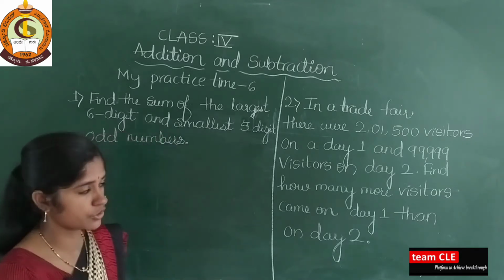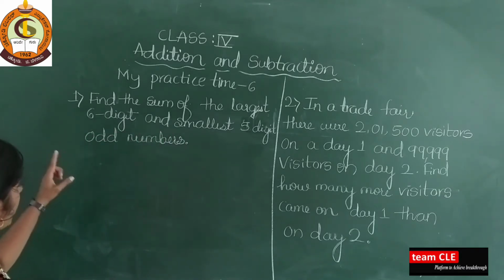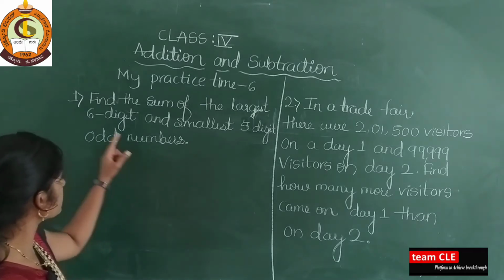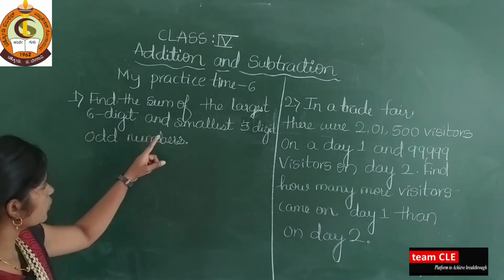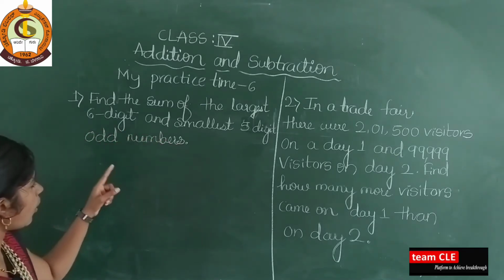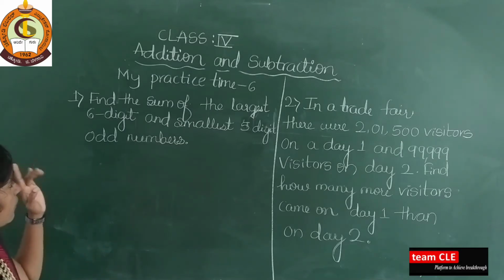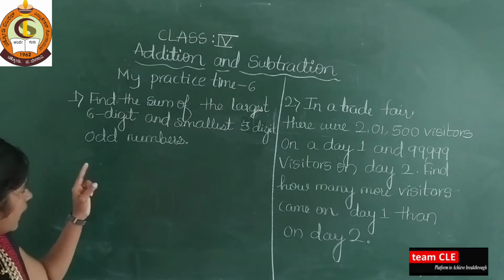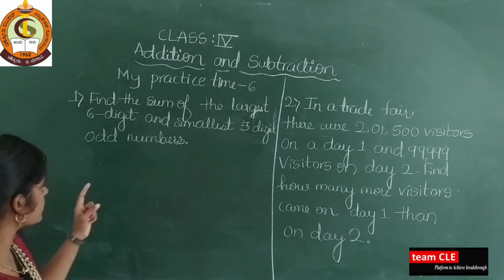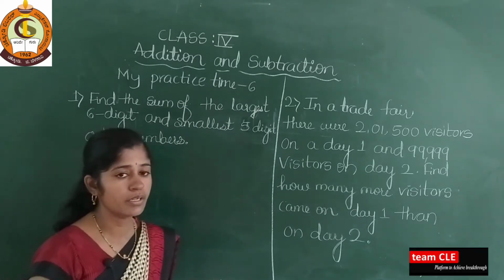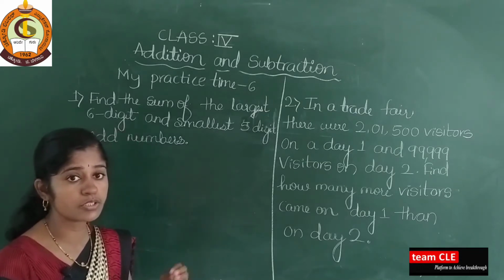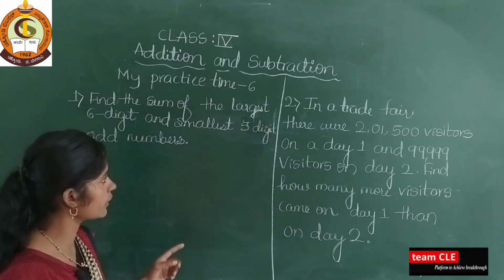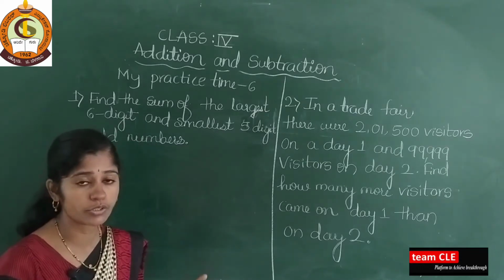The first question is: find the sum of the largest 6-digit and smallest 5-digit odd numbers. When you are solving story problems, you need to read the question once or twice.